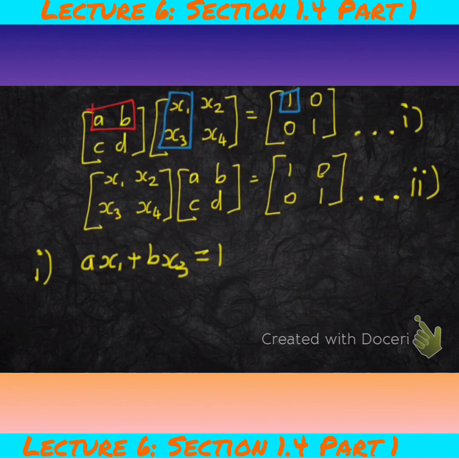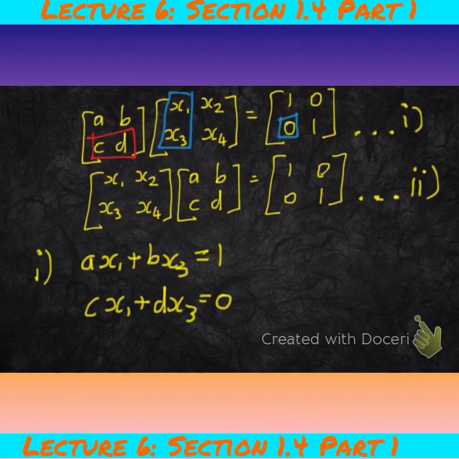That's the one equation. Then we're going to take the next row and calculate that and get this entry here. So that is going to be CX1 plus DX3, and that needs to be 0. Okay, that's my one set of equations.